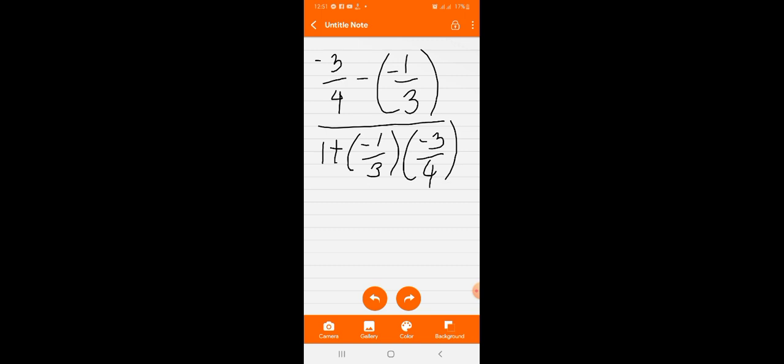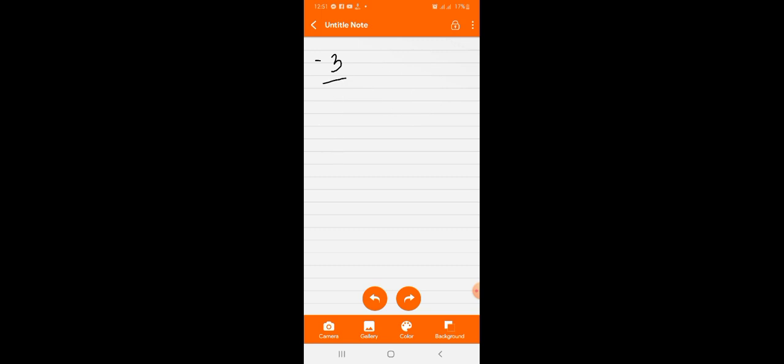Then simplify. Negative 3/4 minus negative 1/3 is equal to negative 5/12.